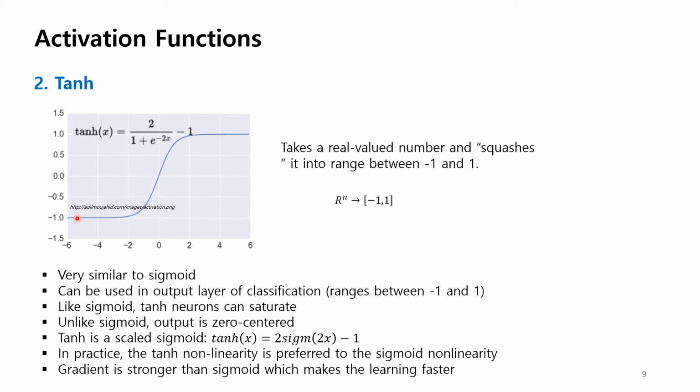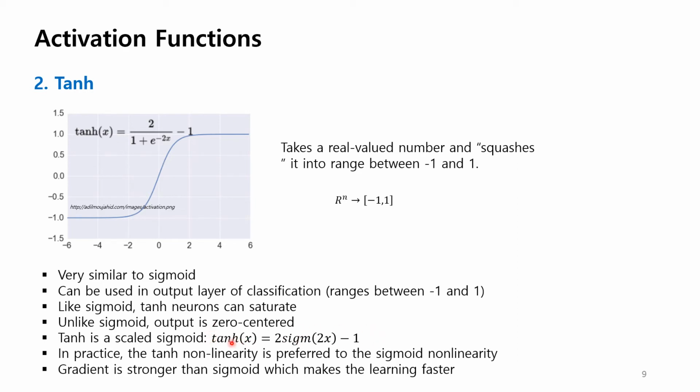That's the only difference between hypotangent and sigmoid. In hypotangent, it reads input and the output is squashed between -1 and 1. And this is the formula of hypotangent. As you can see here, the hypotangent is 2 times sigmoid function minus 1, so that way you can convert sigmoid to hypotangent.